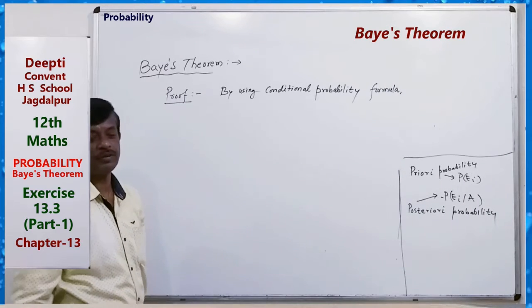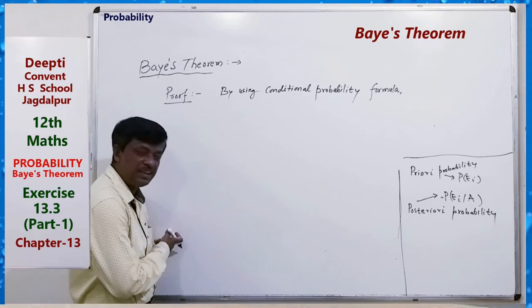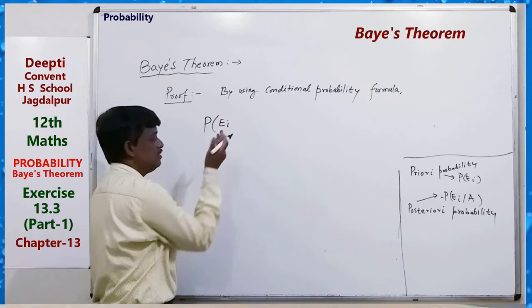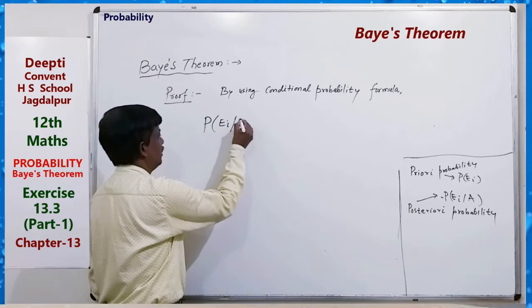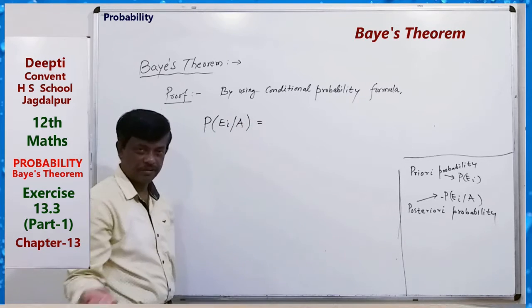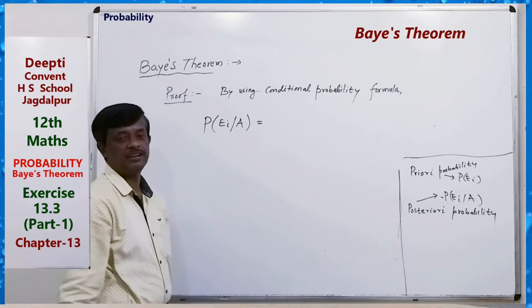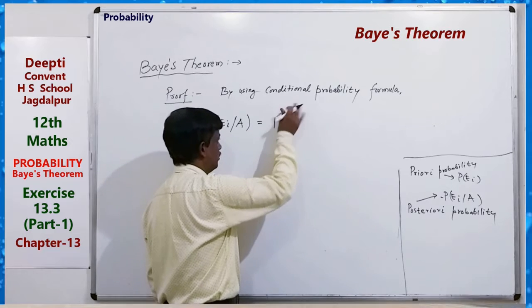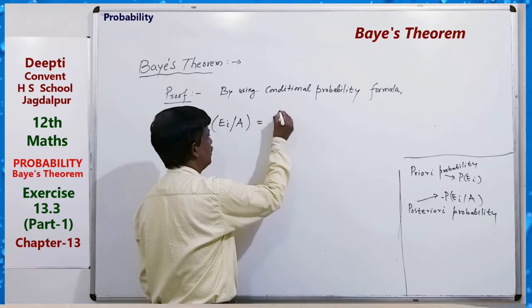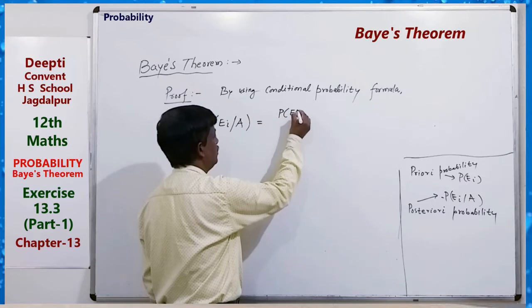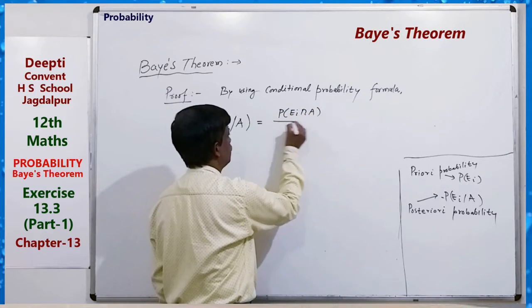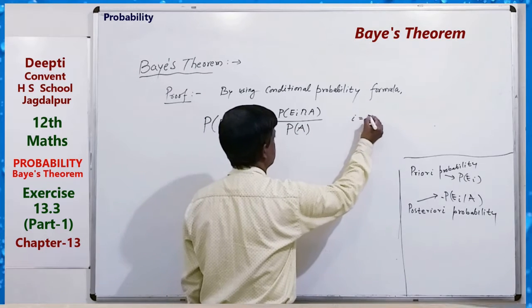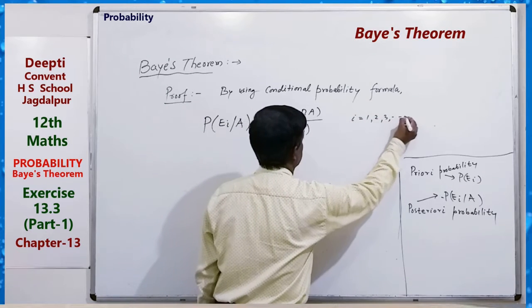What is the conditional probability formula? We require P(Ei by A). Ei is an event, A is also an event. So conditional probability: P(Ei by A) equals P(Ei intersection A) upon P(A), i equals 1, 2, 3, ..., n.